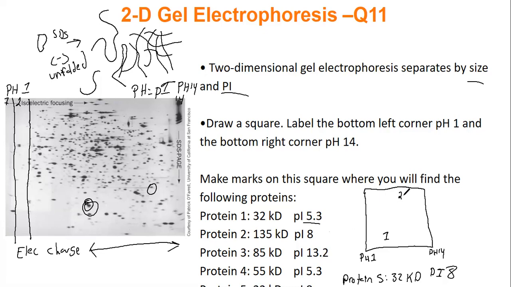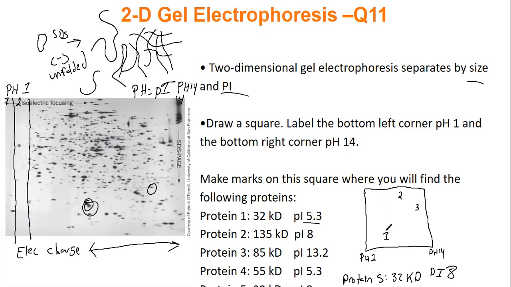Protein 3, 13.2, so that's going to be very far to the right. So it's going to be almost where pH 14 is. 85 kilodaltons, so it's going to move farther down than protein 2. Protein 3 is going to be roughly right here. Protein 4 has the same PI as protein 1, so it's going to be in the same column.